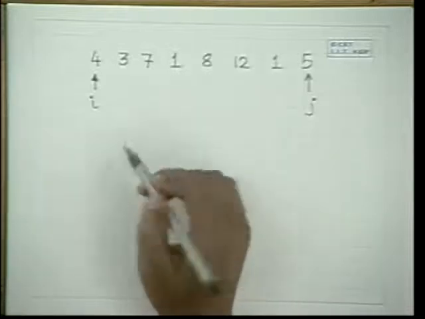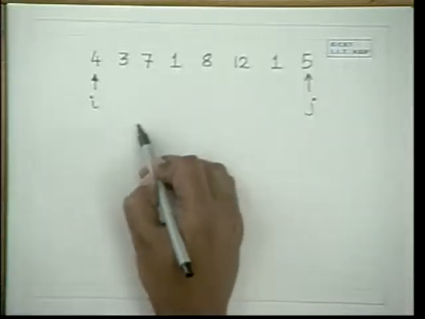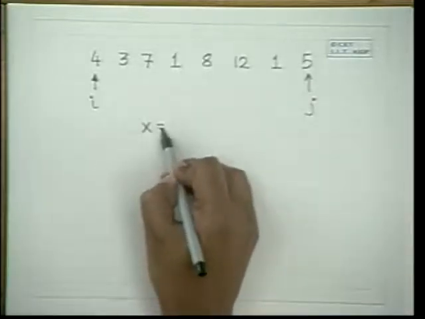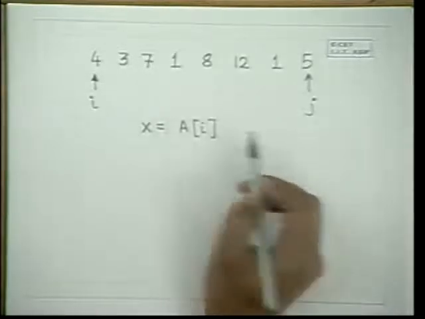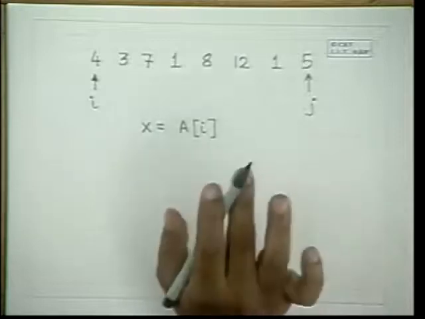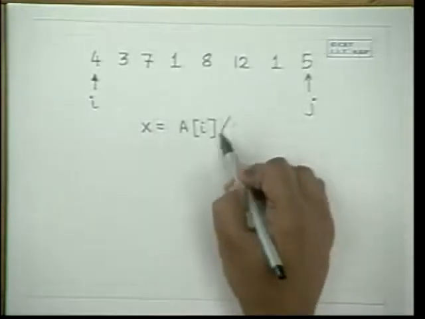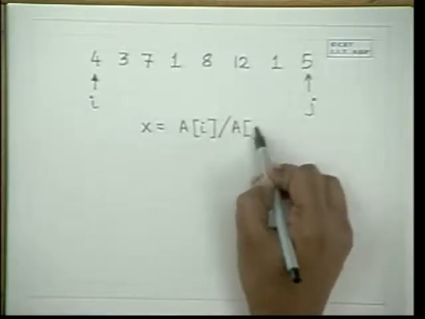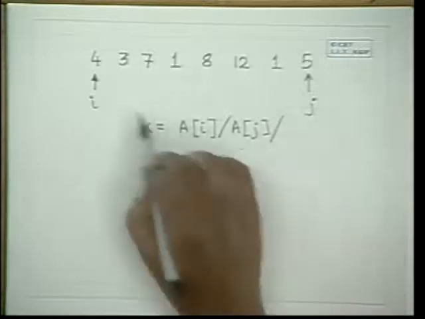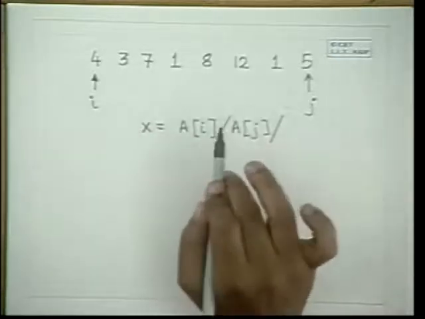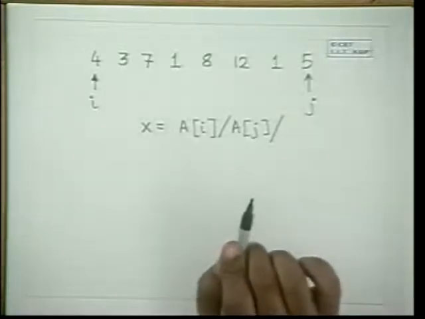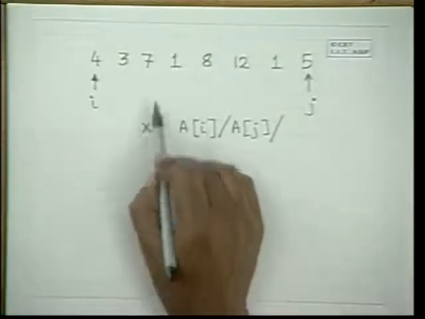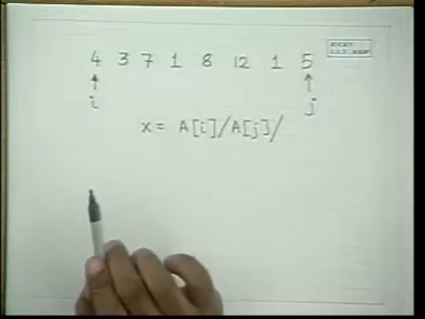Alright. So let us say we will select X is equal to AI. You could have selected AJ also. It does not matter. Some element we will select. AI you can select, AJ, any element you can select. Whether selecting the element makes a difference or not, we will come to later. But the question is, the algorithm is correct by selecting any element. Let us suppose here we selected AI.